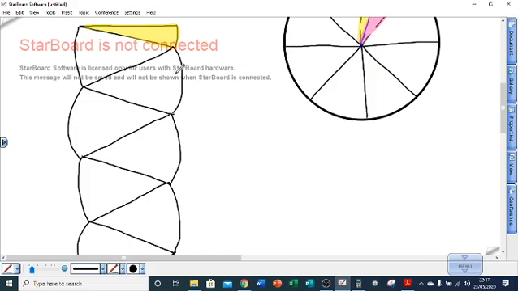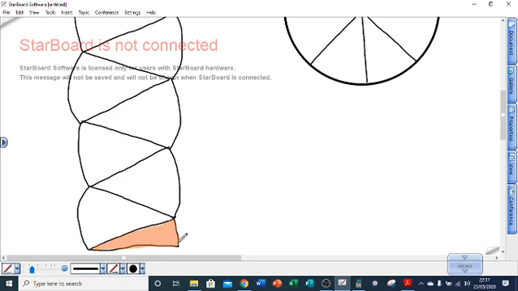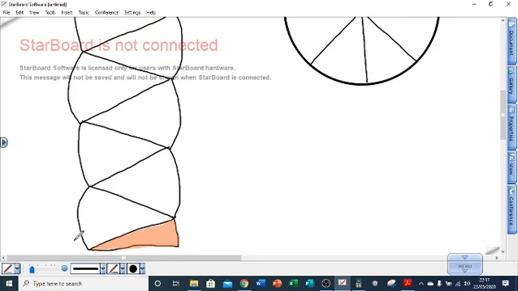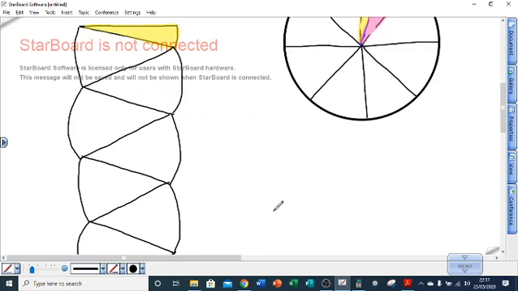Now what I want you to realise is that I've got 1, 2, 3 and a half, so that's 4. You can see I've got 4 sections going down there. I've got 1, 2, 3. Let's do it again. 1, 2, 3 and 4 sections going up there.